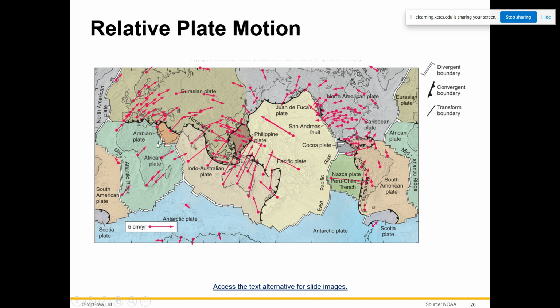And this is just the direction of which the different plates are moving in relation to each other. These are vectors, so the longer the vector, the more speed there is, and then the direction.